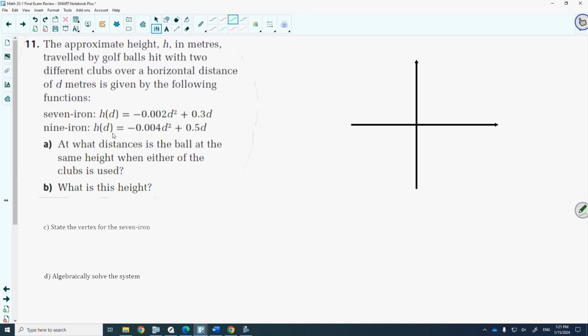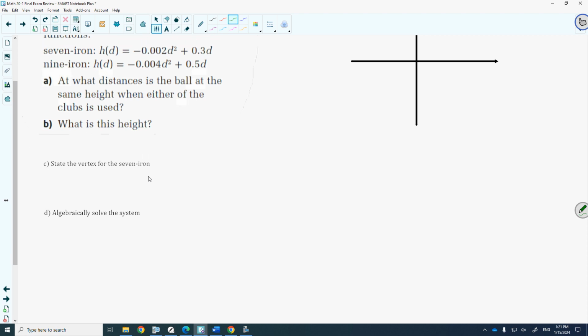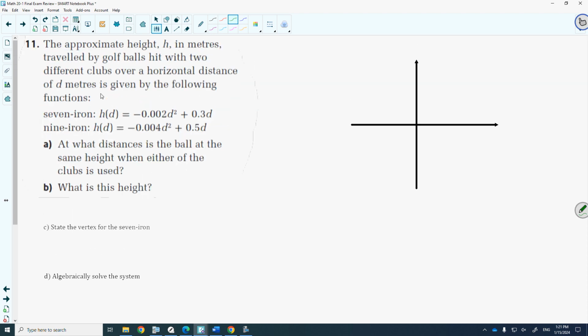You guys find this one, this golf ball question. Make sure you're able to do this one because you will probably have some sort of a word problem like this where you're graphing it and be able to find your vertex on your calculator, the x-intercept on the calculator.